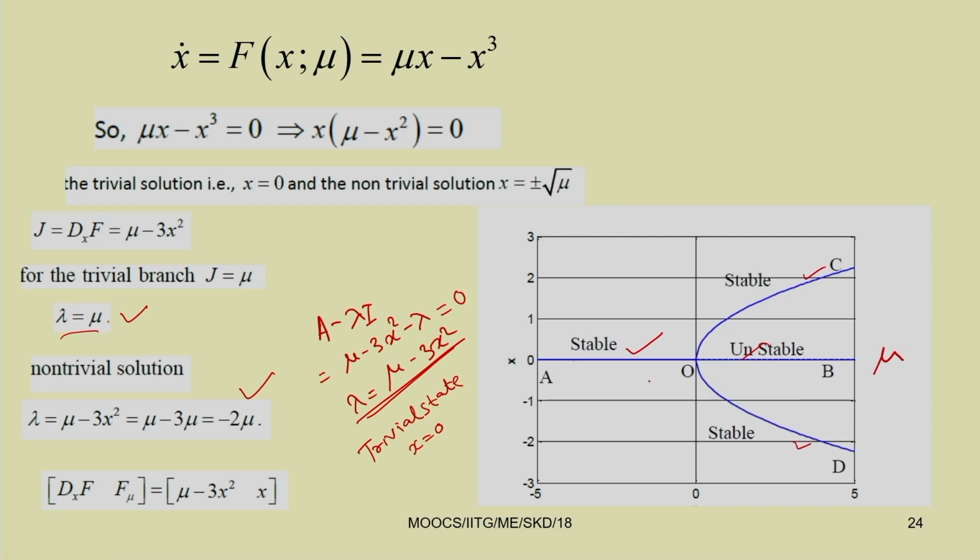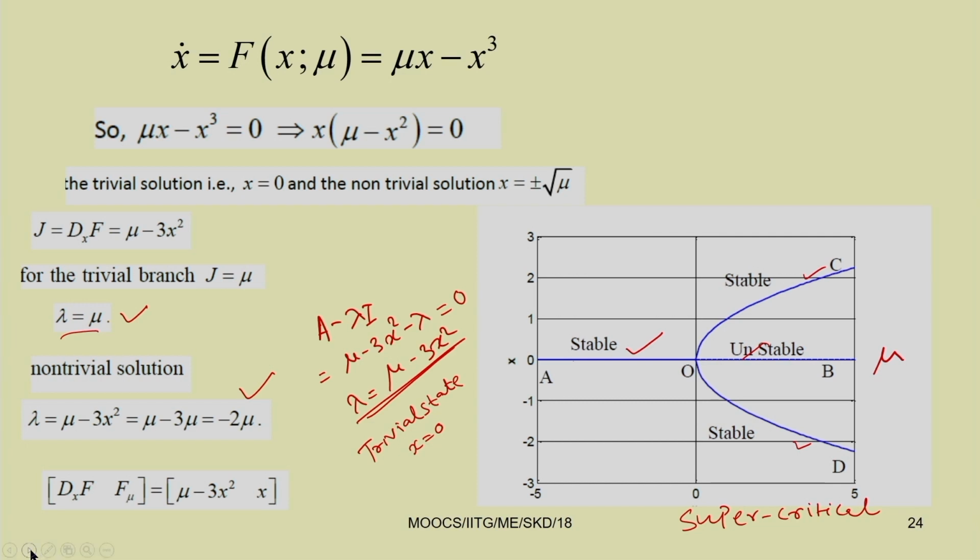This type of bifurcation, moving from a stable trivial state to a stable non-trivial state, is known as supercritical pitchfork bifurcation. In this case, mu x minus x cube. So, this is supercritical pitchfork bifurcation.